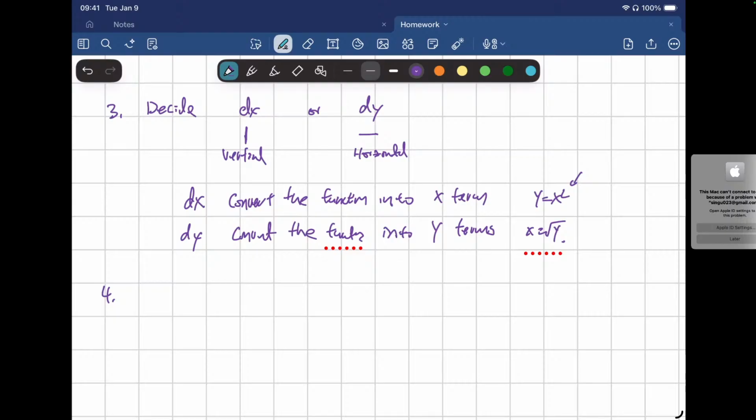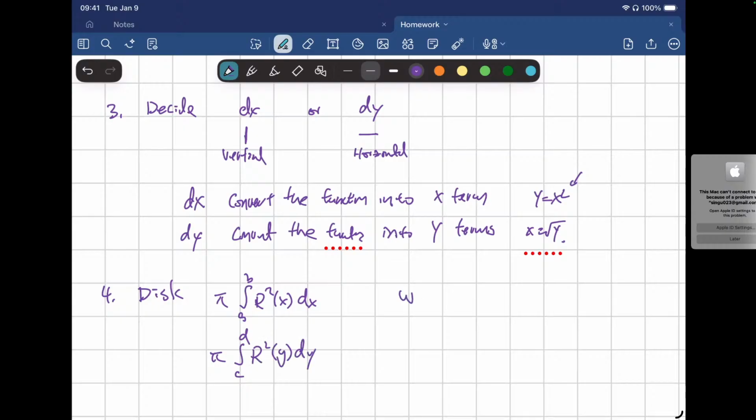Okay, so now if it's a disk, then you're going to use the following formula: pi integral from a to b of r squared of x dx, or pi integral from c to d of r squared of y dy.